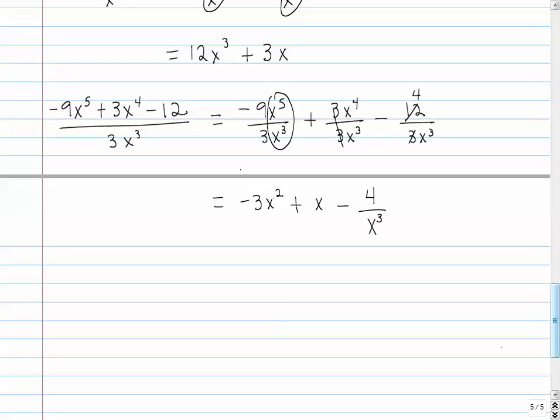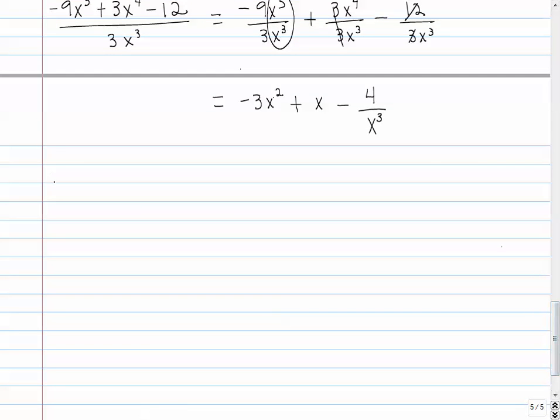I want to do one more example. Let's do 6a squared minus 4a plus 12 all over negative 2a squared.